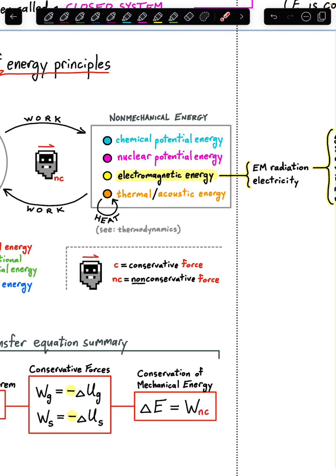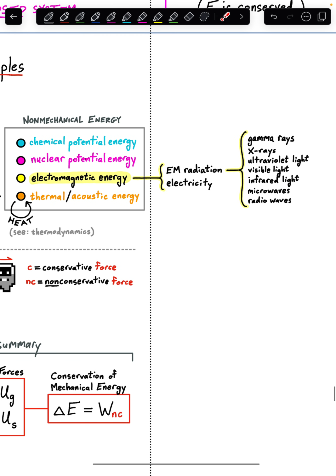Electromagnetic radiation includes the entire electromagnetic spectrum, from high energy gamma rays down to low energy radio waves and everything in between: X-rays, ultraviolet light, visible light, infrared light, microwaves, radio waves. In a sense, these are all forms of light. Electromagnetic radiation is light.